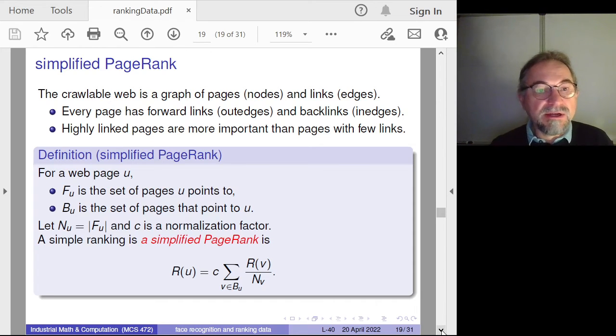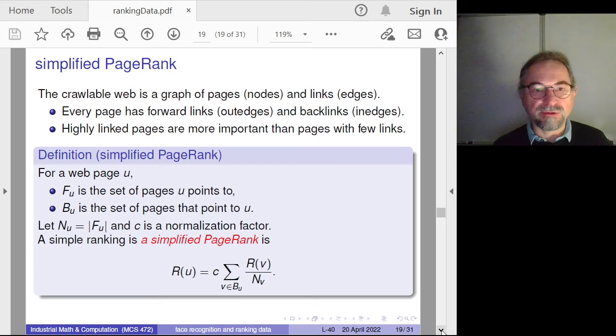So the ranking, the simplified PageRank, is that for every page there is a rank associated, which runs over all the backlinks. So the importance of a page is the sum of all the importance of the pages that point to it.